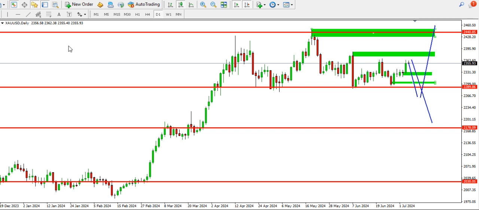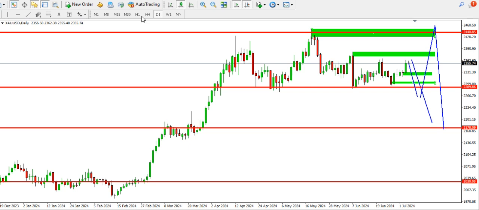Then I now see price dropping fiercely to test this particular order block around here. So these are just likelihoods or scenarios that might play out for price in due course. Now that's that for the daily time frame.